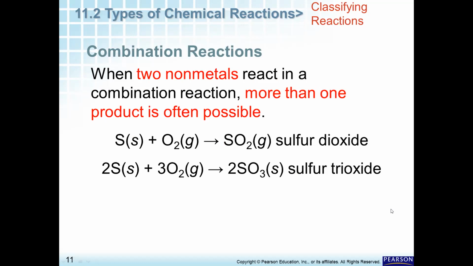طيب, when we combine two non-metals يعني from this side of the periodic table, a covalent bond will form. A covalent bond, it depends on the oxidation state of the elements that are combined together, and sometimes we have more than one product. يعني when you combine oxygen with sulfur, okay, that is, by the way, this is not burning. مش كل تفاعل مع الأكسجين has to be burning.